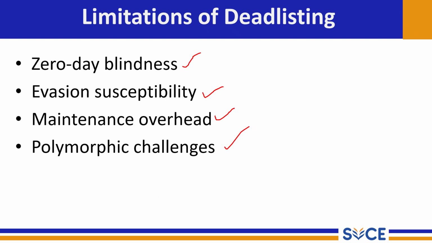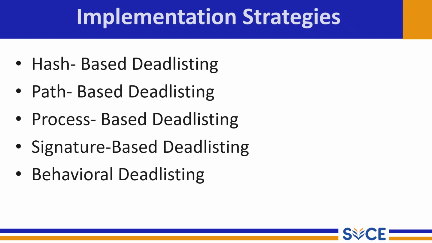And the next topic is: what are the implementation strategies in the case of dead listing in anti-malware analysis? Before going into the implementation strategies, modern anti-malware solutions typically use dead listing as one layer in a multi-tiered defense strategy, which combines it with heuristic analysis, behavioral detection, and machine learning approaches to provide comprehensive protection against both known and unknown threats.